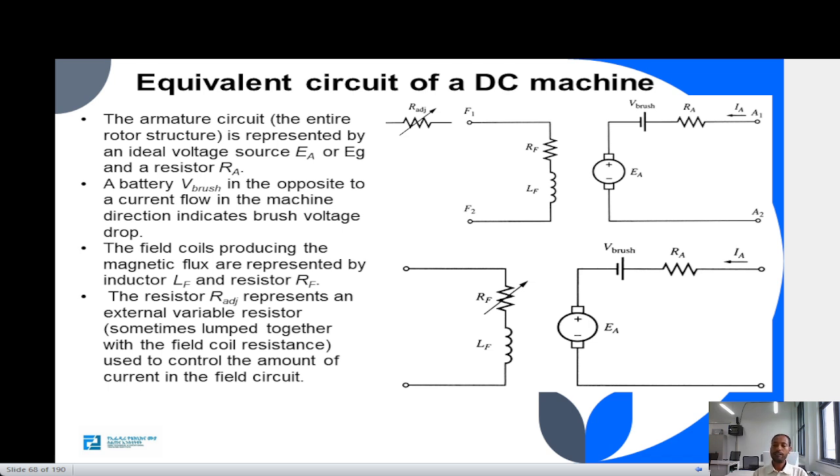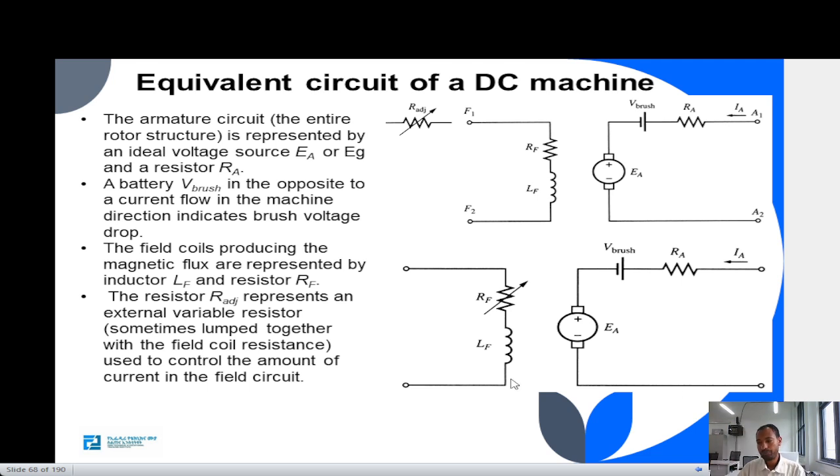So under this, DC machines have got two major parts: the rotating part, or what we call the armature, and the stationary part, the stator, where the field winding exists. So when we say the equivalent circuit, we are going to see the equivalent circuit for the armature, the rotating part, and the equivalent circuit for the field windings.